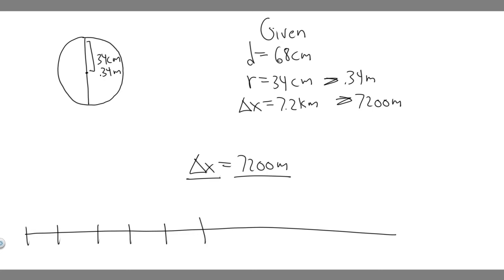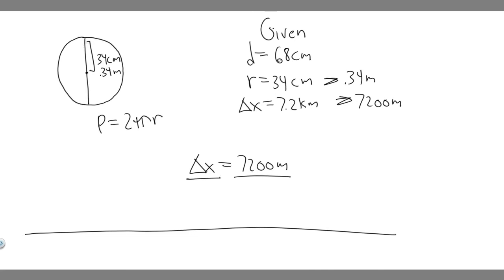And so essentially, if we can find that distance and divide by it, it's going to give us the number of revolutions. So essentially what we want to do is find the distance or the perimeter of our tire here. We know the perimeter of a circle is just 2 pi r, so 2 times pi times the radius. And that's going to give us the perimeter of this circle or tire here.